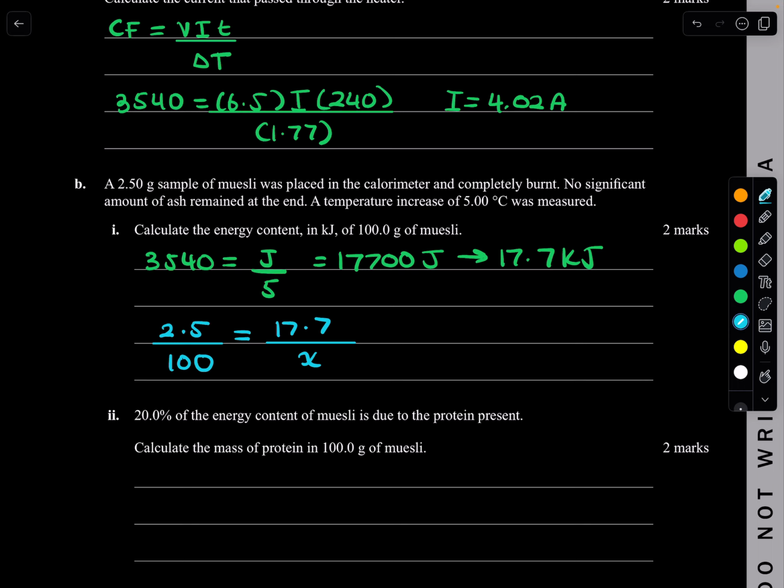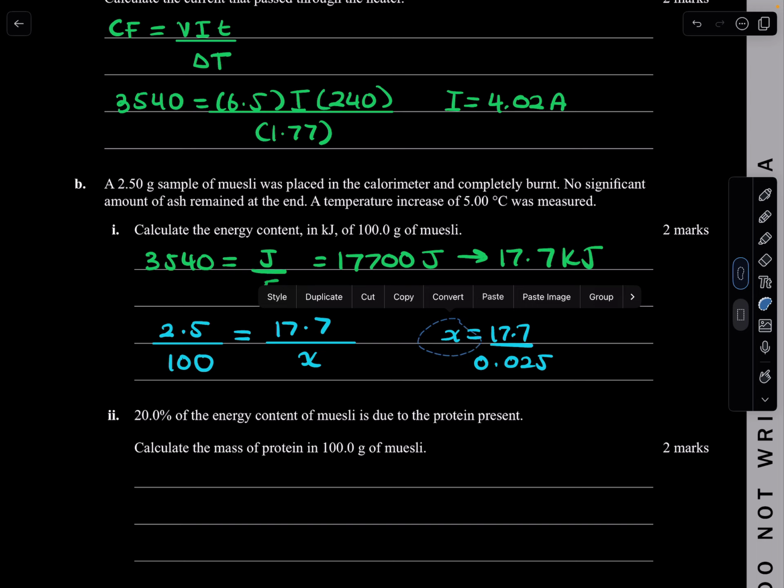So we get this ratio and we just have to calculate X. First, 2.5 divided by 100 is 0.025, over 17.7 over X. If you flip these to get X, you get 17.7 divided by that. We get 708 kilojoules. So let me move that there.